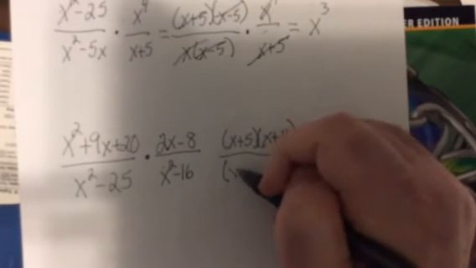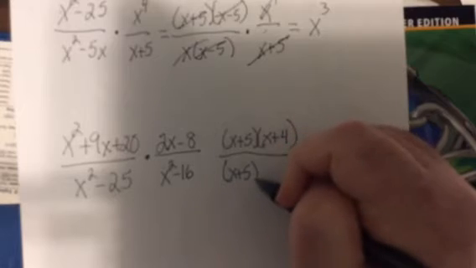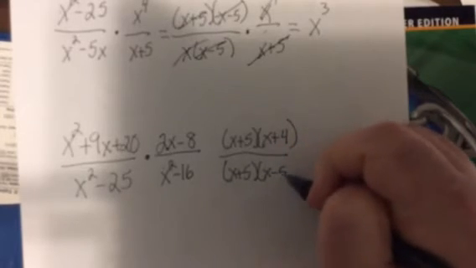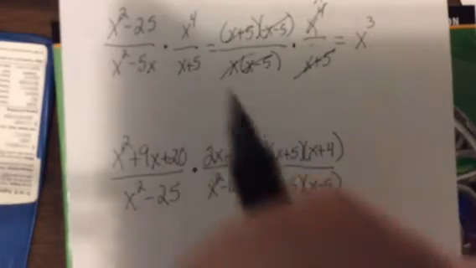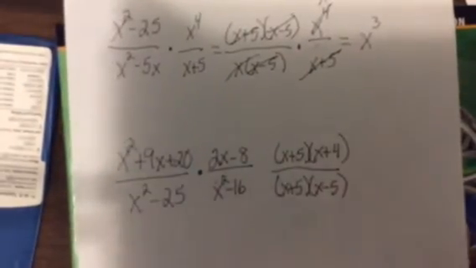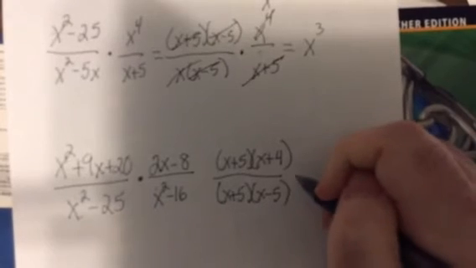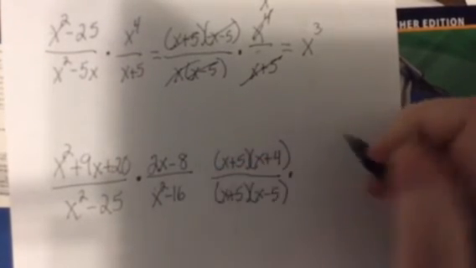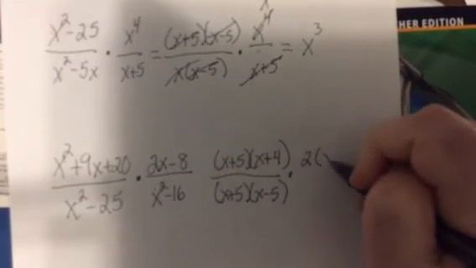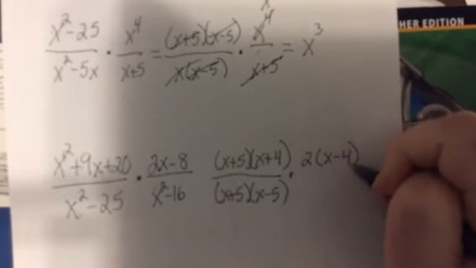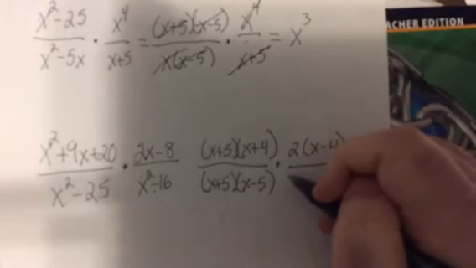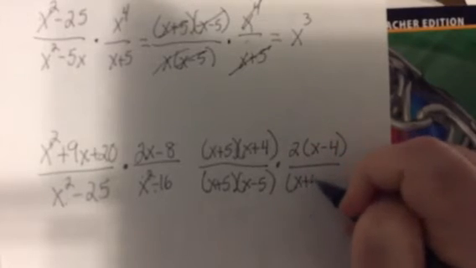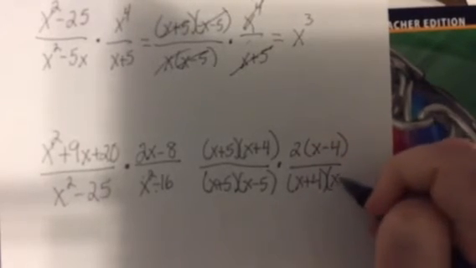Difference of squares on the bottom, x plus 5, x minus 5. Now notice a lot of you are going to want to go x squared divided by x squared, but hold your hand back. No, I can't do that. Times, factor out a 2. And difference of squares, x plus 4, x minus 4.